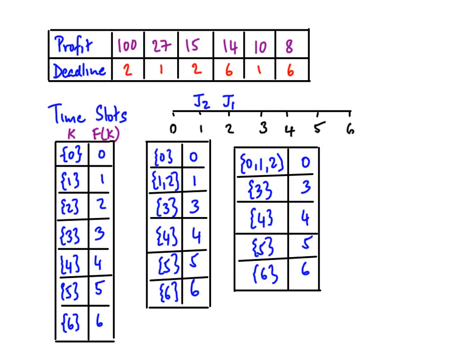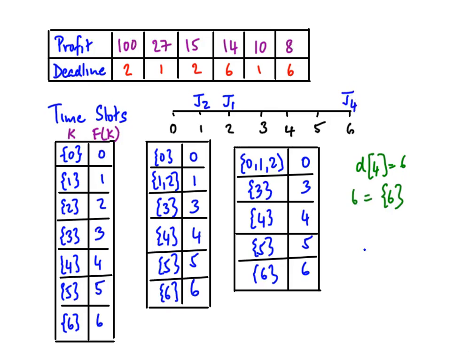So next we look at job 4. So now d of 4 is equal to 6 and 6 belongs to the set 6. So we'll do the usual thing. So we'll assign this job 4 to happen at time slot 6, right? This is the rightmost time slot within its deadline that is free.